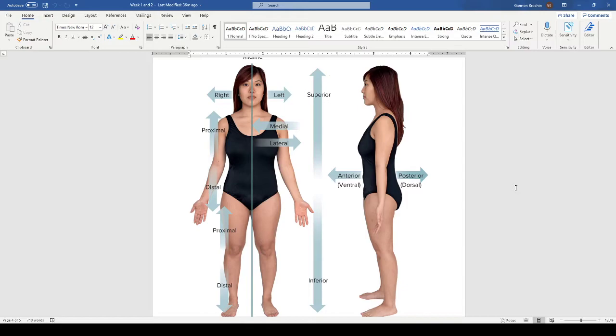It can also sometimes be called ventral, and we typically see ventral used in very specific locations, like the spinal column. When we're looking at vertebrae, the front of the vertebrae, where the large body of the vertebrae is, the big bony round part, is typically described as ventral.